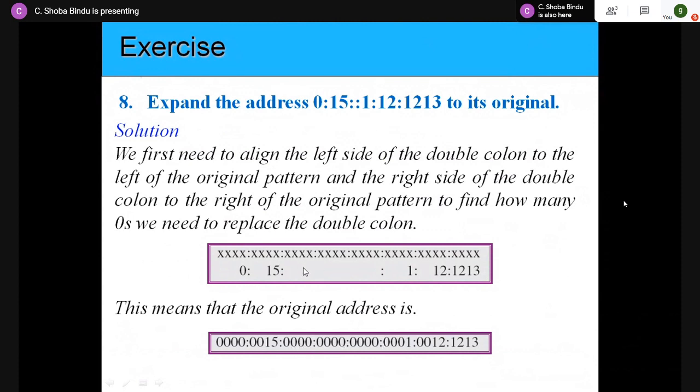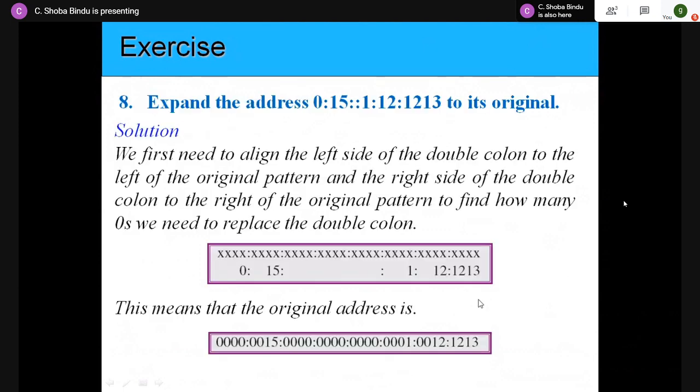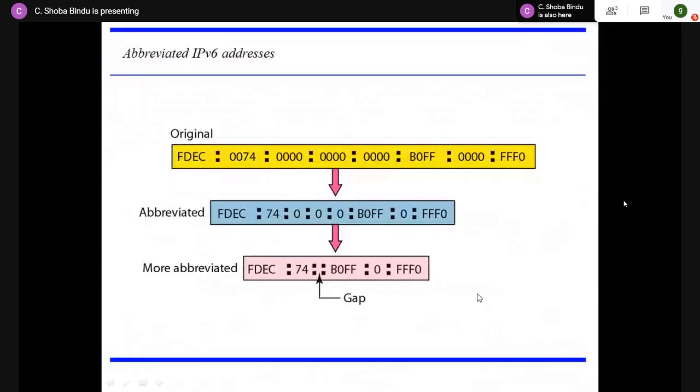Now you have to represent each as 4 hexadecimal digits. So this 0 is represented as a single digit, so it has to be prepended with 3 zeros, like this. And 15 is represented as 0015. In this way, you are going to expand the address. Those are the 128-bit IP addresses that we have here.